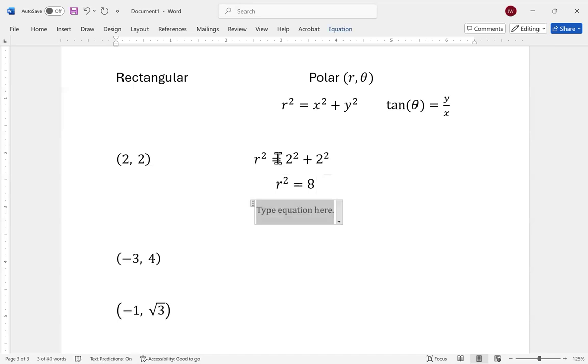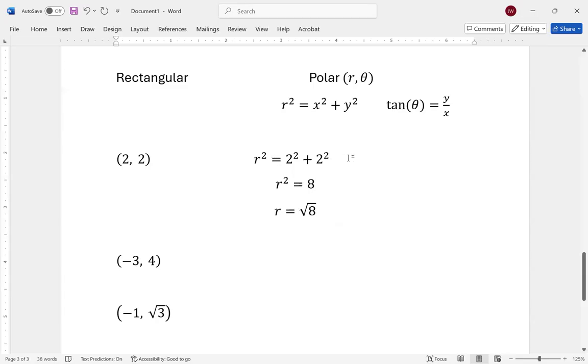And normally what I do is let r be equal to the positive square root of 8. Again, I use positive r values generally. Now, for this one, we know that tangent of theta is going to be equal to 2 over 2.